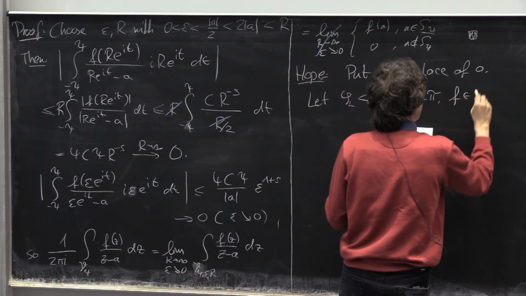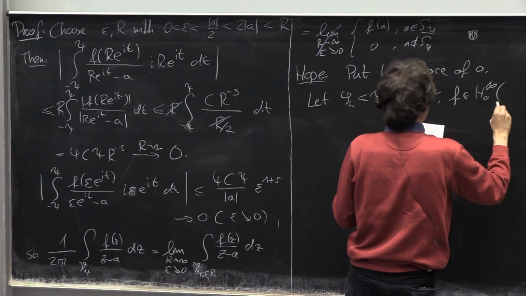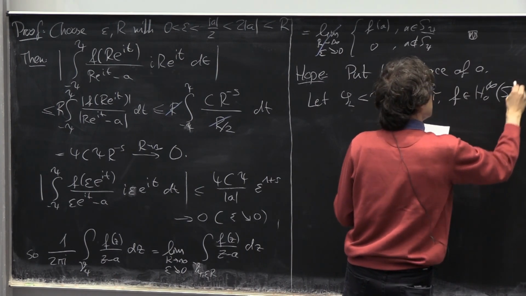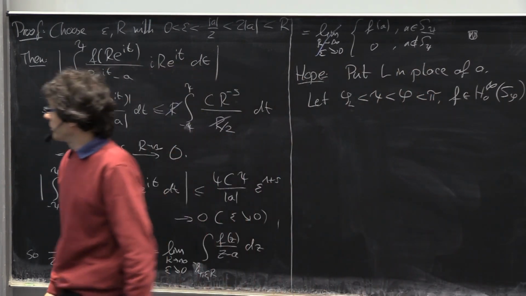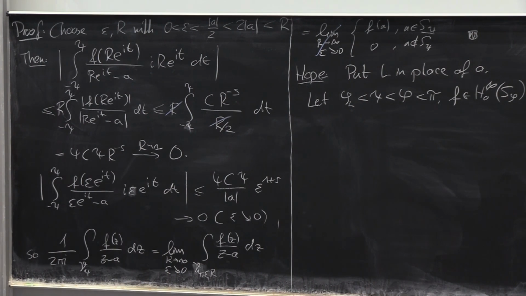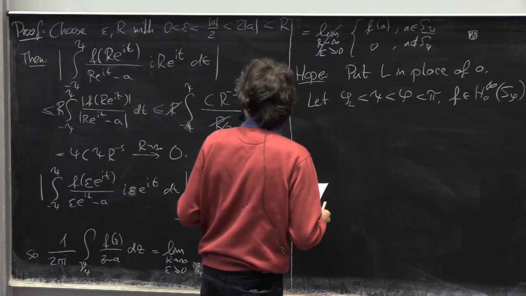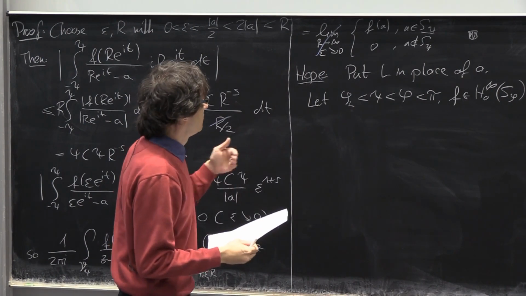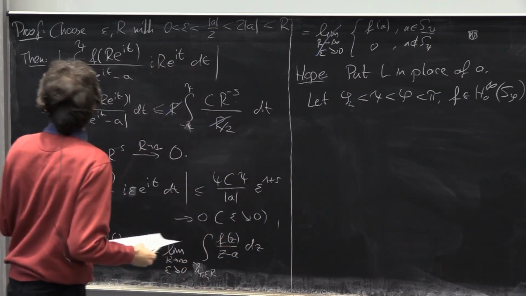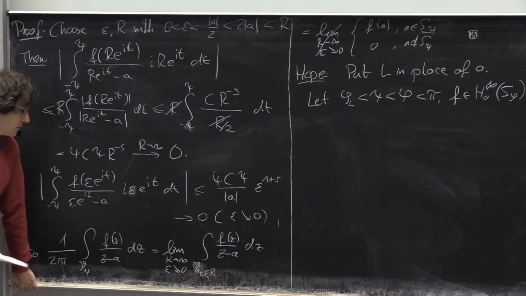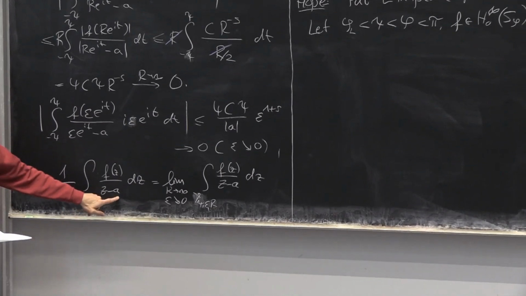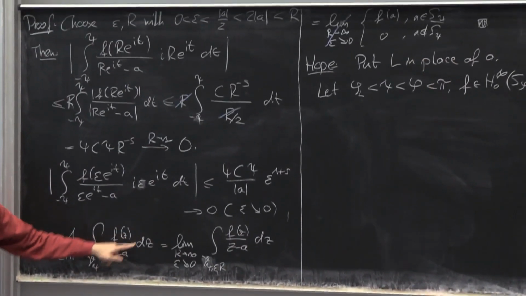Take some function f that is in H infinity 0 of the sector with opening angle phi. And then what we want to do is take this integral here and take an L instead of an A. Okay, writing it again as a result.